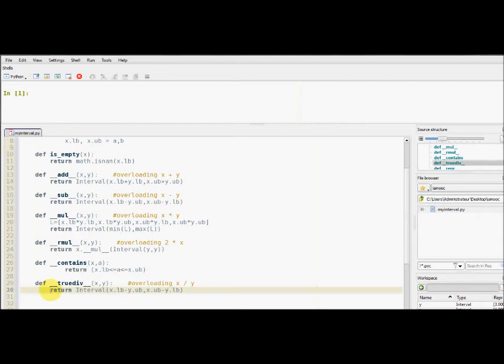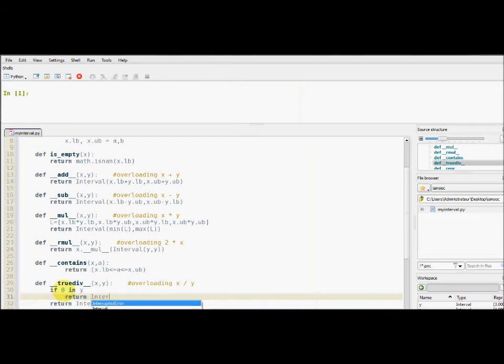If 0 is inside the denominator y, what should I do in this case? I should return interval from minus infinity to plus infinity.